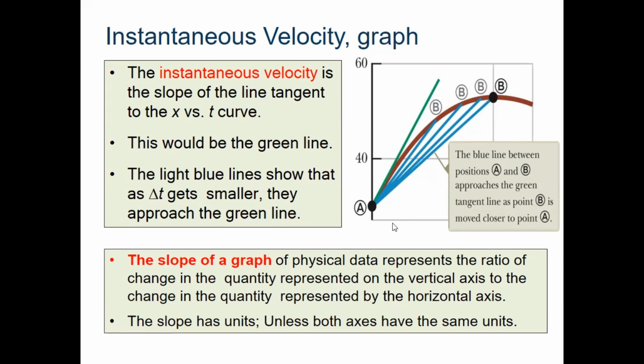And also it tells us about the velocity. Slope has units unless both the axes have the same units. For example, if on this side there are meters and on this side there are seconds, then the slope will have the units of meters per second.